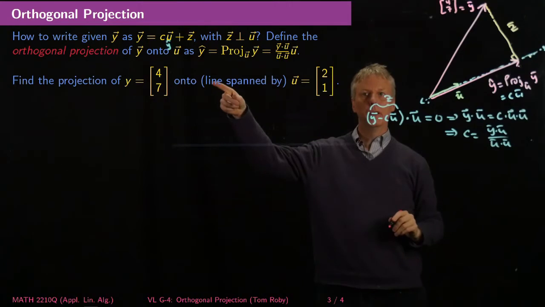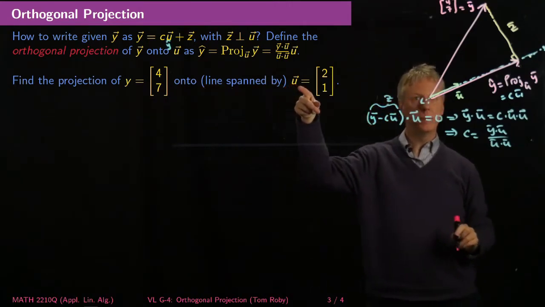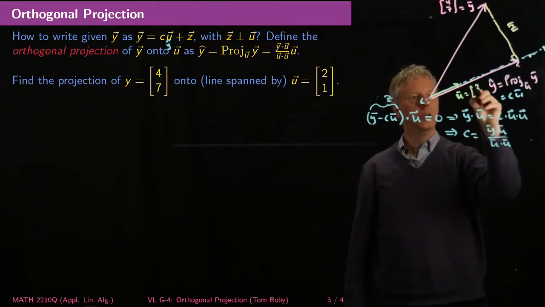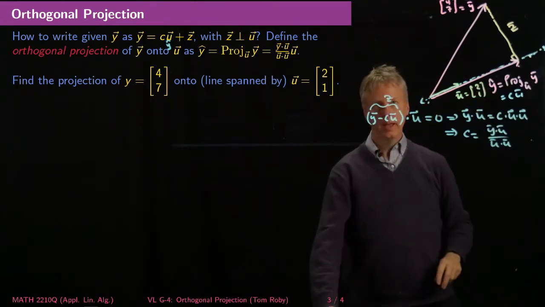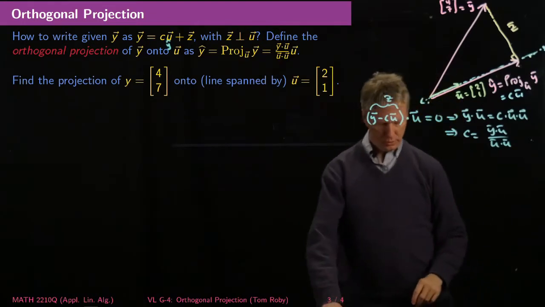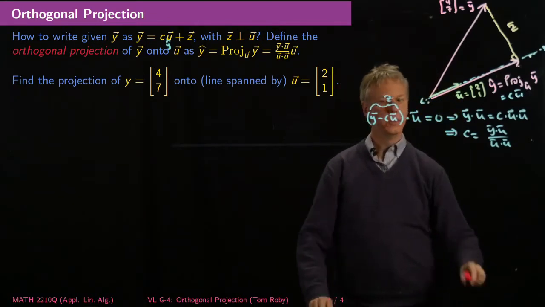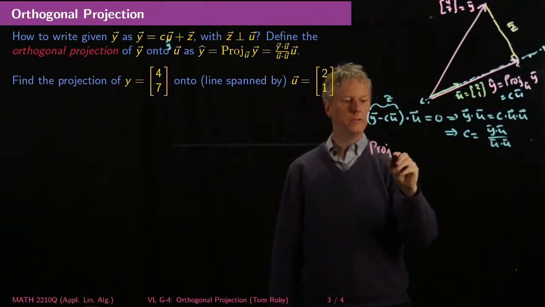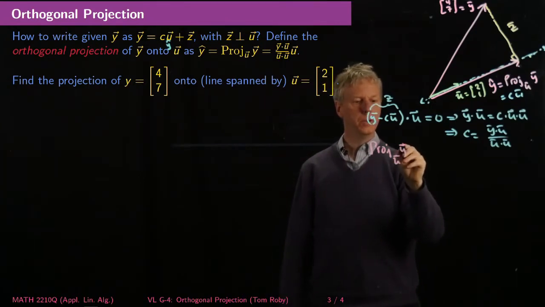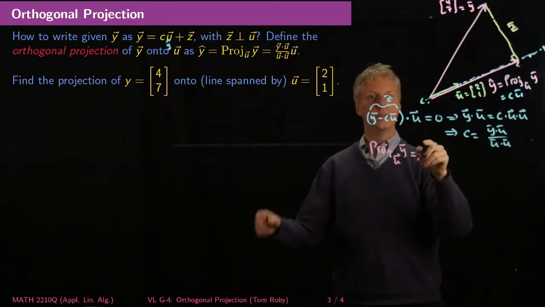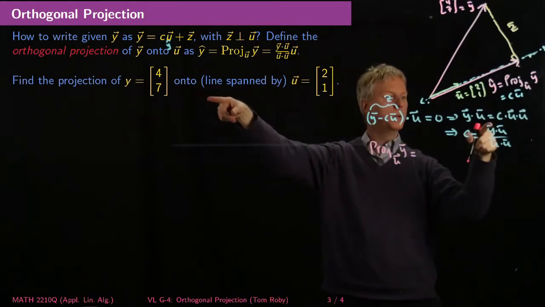And I want to project it onto the line spanned by u equals 2, 1. OK, so here's my u, which is 2, 1 in this case. And I want to figure out what the projection is. Well, let's do the math, as they say. So the projection of y onto u is equal to, so now I need to take the dot product of y with u.